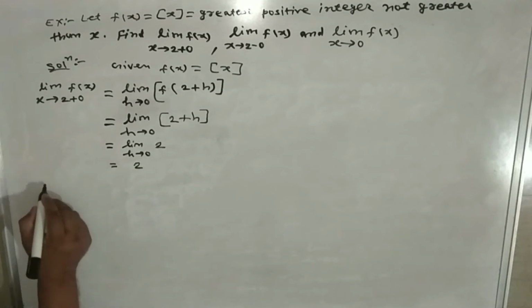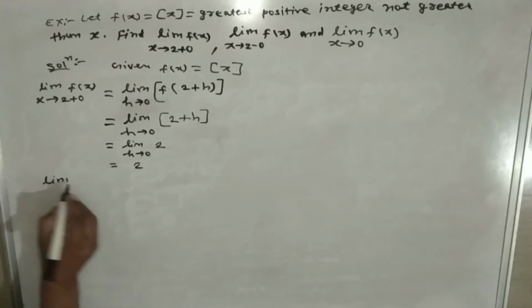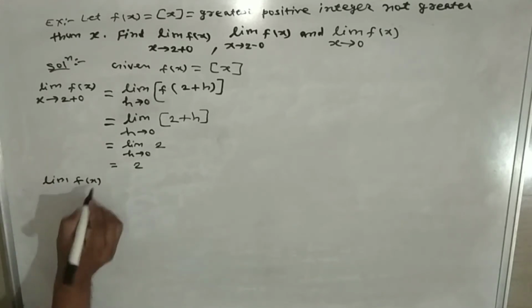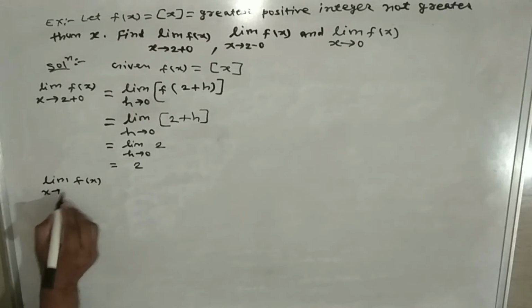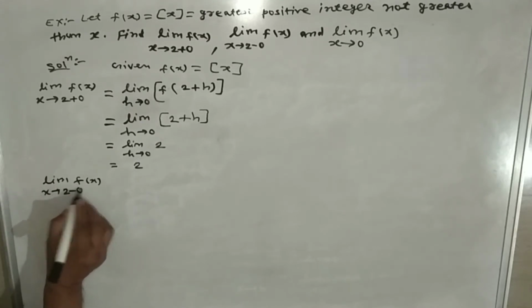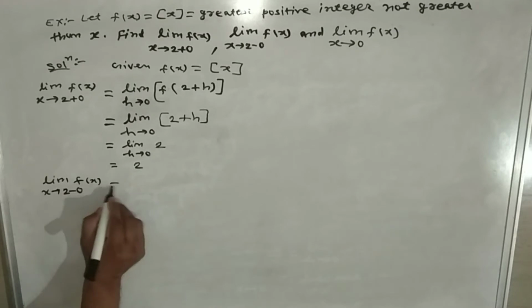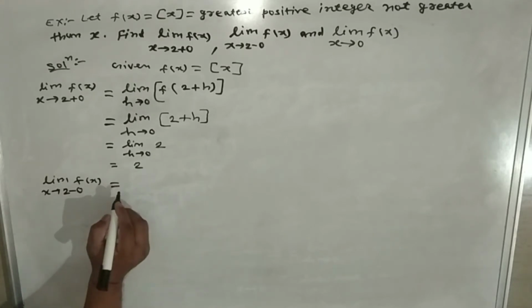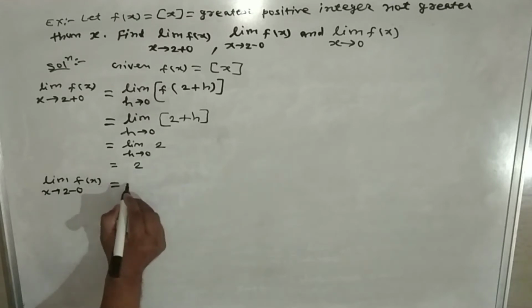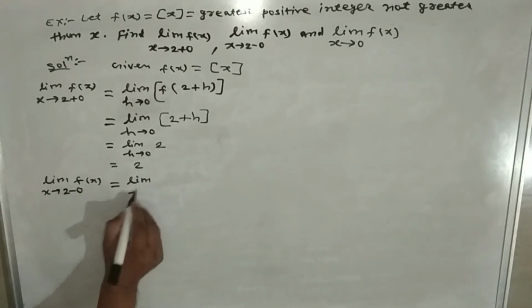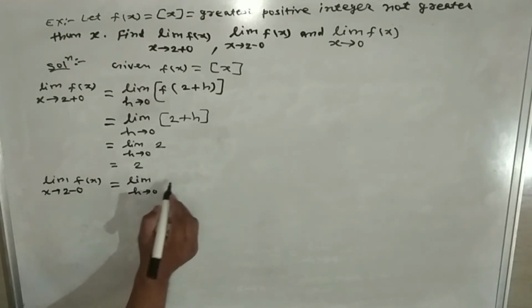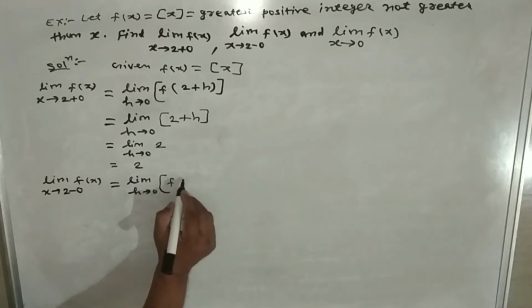Similarly, for the left hand limit of the function f of x as x tends to 2 minus 0, this can be written as the limit as h tends to 0 of the function f of 2 minus h.